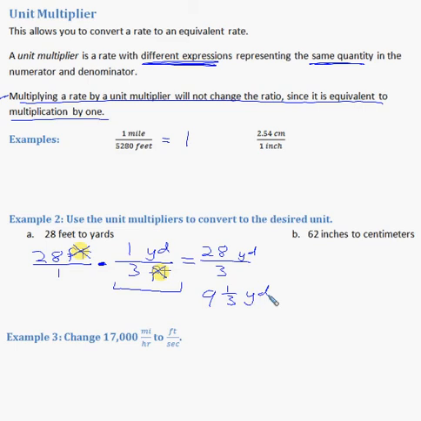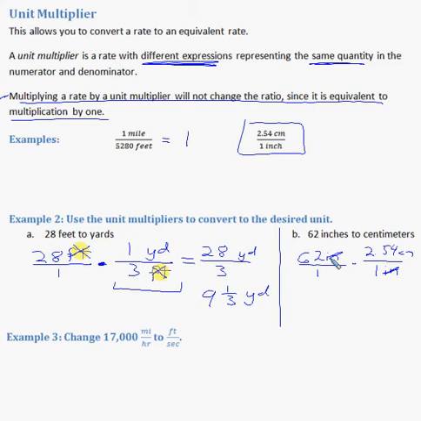The next one's 62 inches to centimeters. So if you didn't know, here's the conversions for inches and centimeters. So here we have 62 inches. We want to change that to centimeters. So we can put that over 1 and we're going to multiply. In this case, it's going to be 2.54 centimeters over 1 inch. And I'm using this form of it because I want the inches to cancel. And so the inches cancel there, and then you want to multiply this.